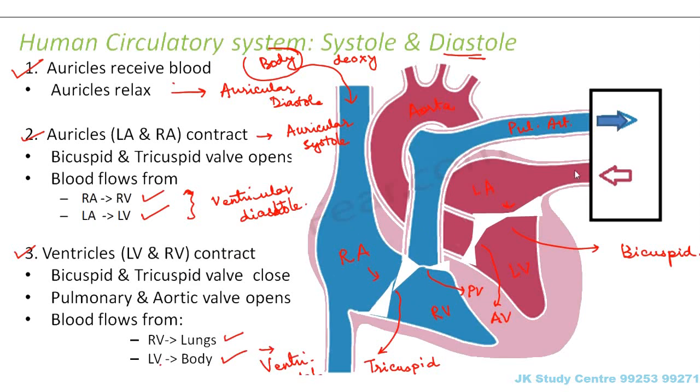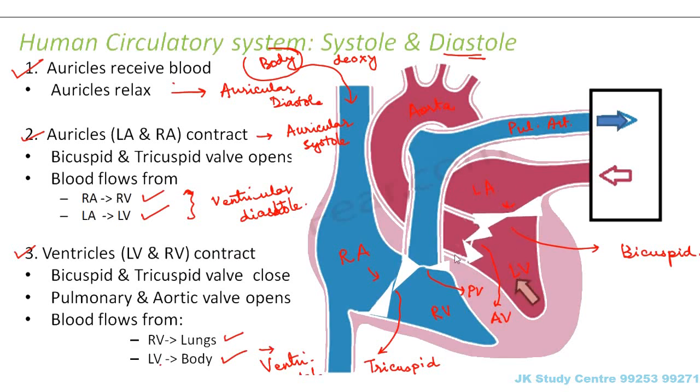Now similar things happen also in the left auricle. So that also you can see from this animation. Now the blood first enters into the left auricle. When this valve opens, it flows from the left auricle to the left ventricle. Now the bicuspid valve closes. And what happens to the ventricles? The ventricles will now start contracting because they are filled with blood.